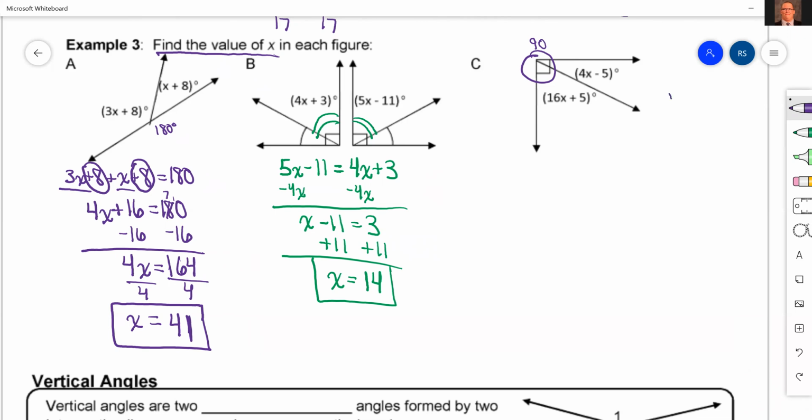That's right, I could do part plus part equals whole. There's a part, there's a part, there's our whole, that 90. So we're gonna have 16x plus 5 plus 4x minus 5 equals 90.